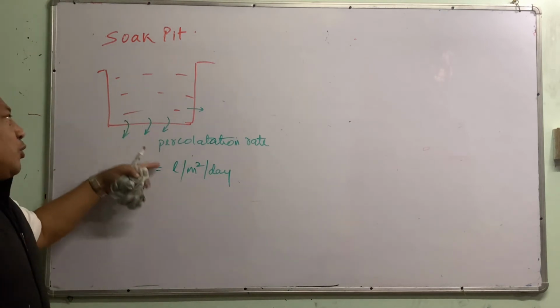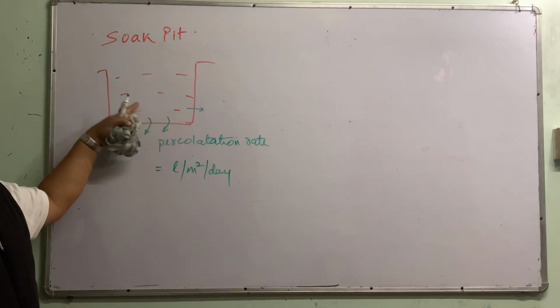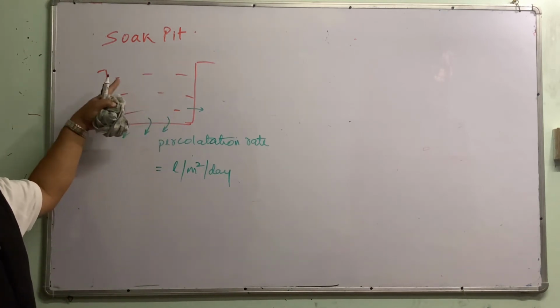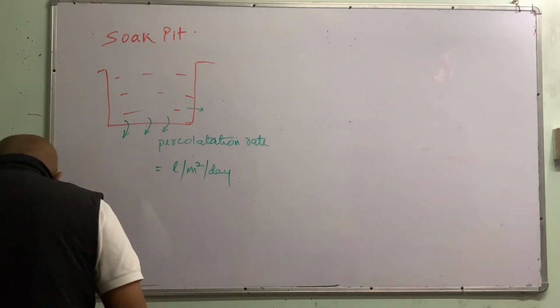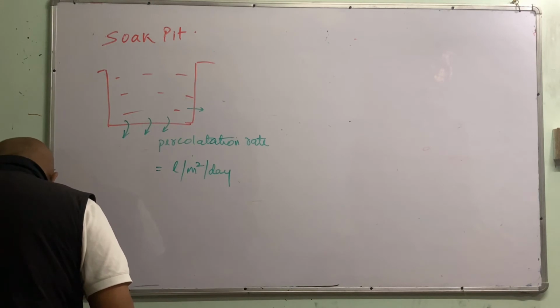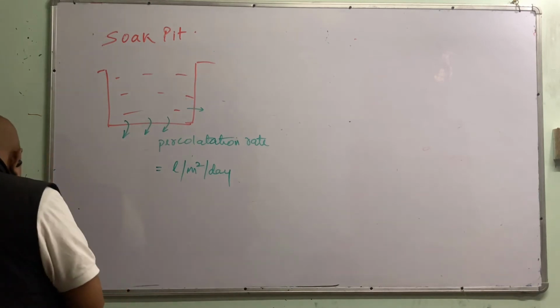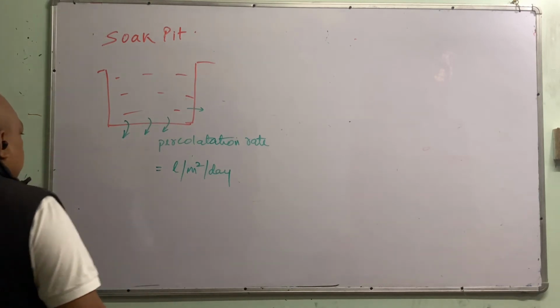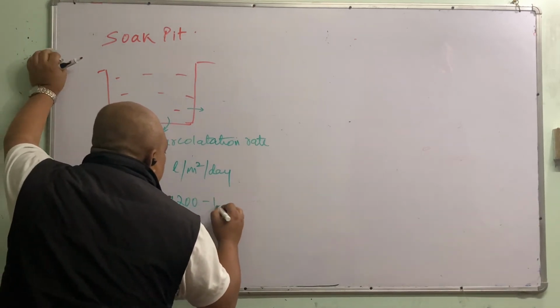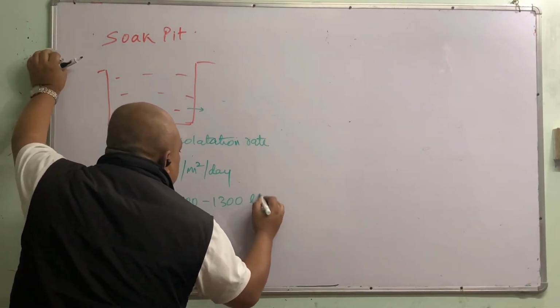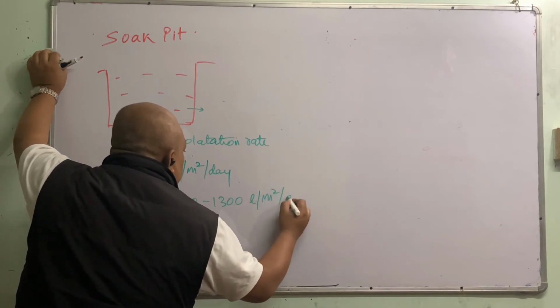So the more the percolation, the longer you can go without cleaning it. So you can design one soak pit for the same thing. This is around 1,200 to 2,000 liters per meter square per day.